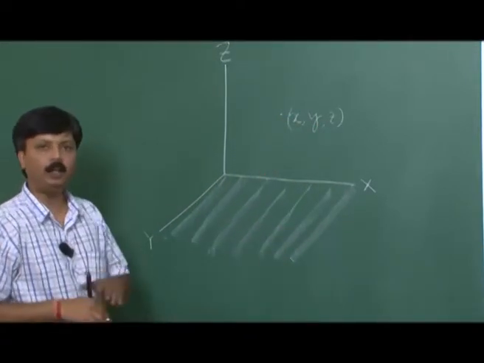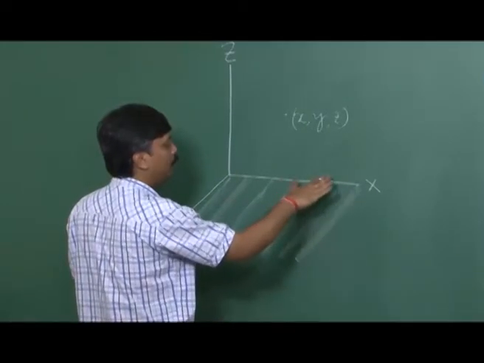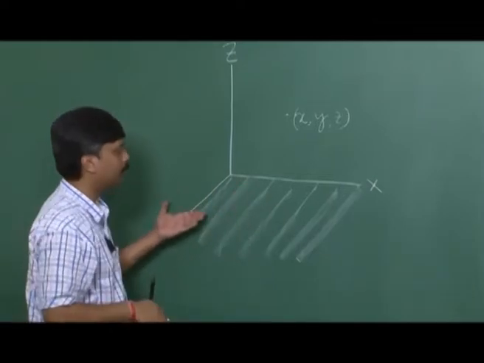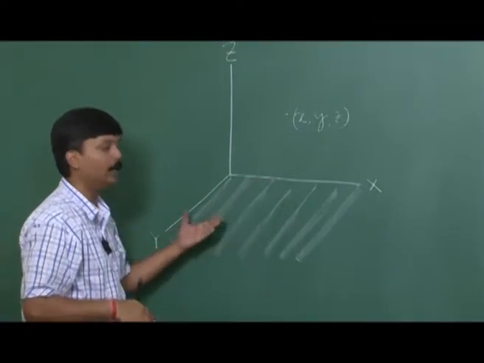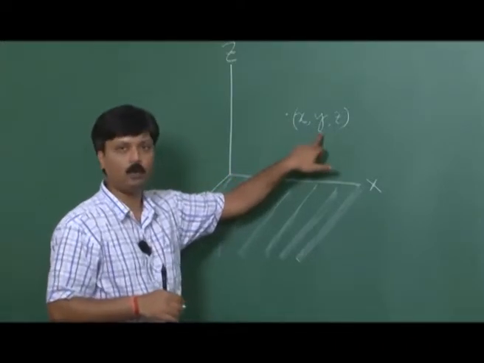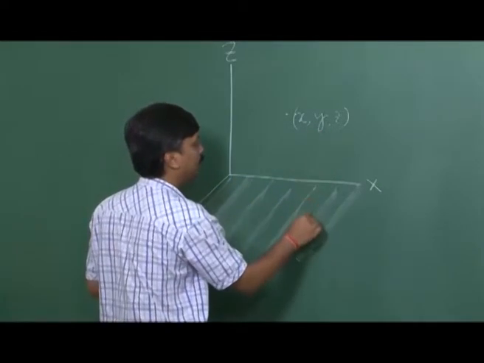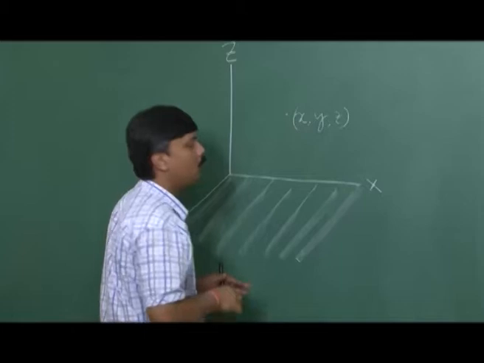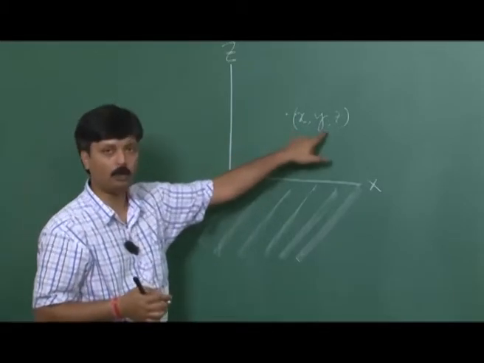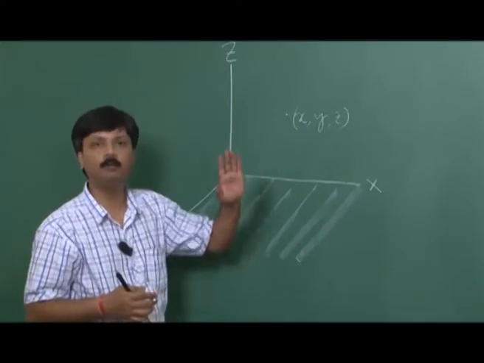So let me say its coordinate as x, y, z. Now what will be the fate of this reflection operation? See, since the reflection plane coincides with one of these natural Cartesian coordinate planes, that is xy here, none of these x and y coordinates will change, correct, because this will remain at the same place, x and y, but the z coordinate which is perpendicular to this plane will get reflected.